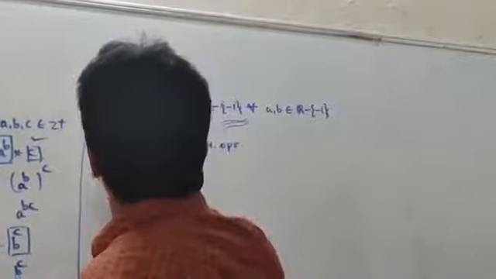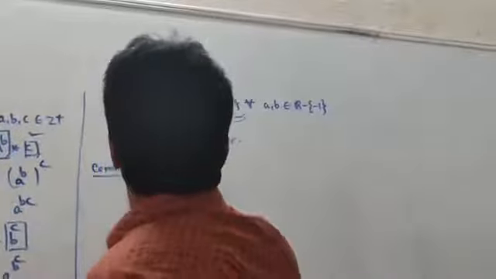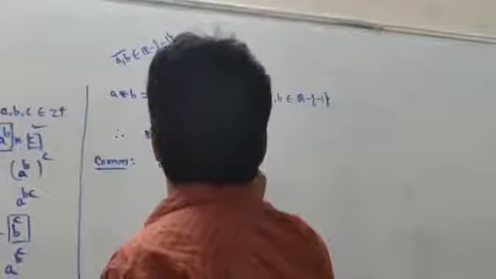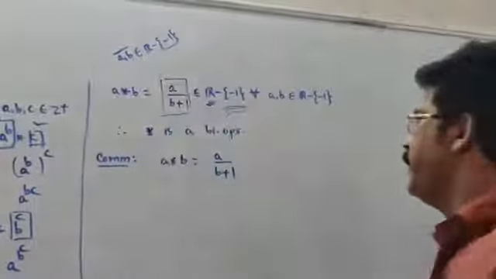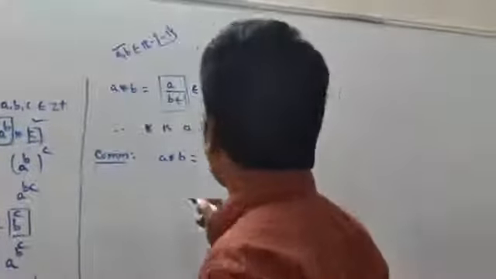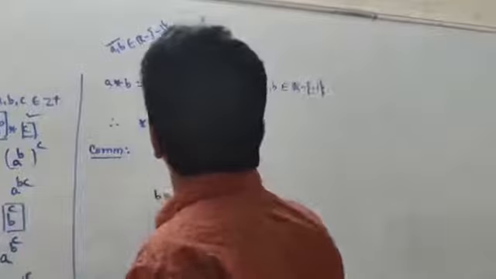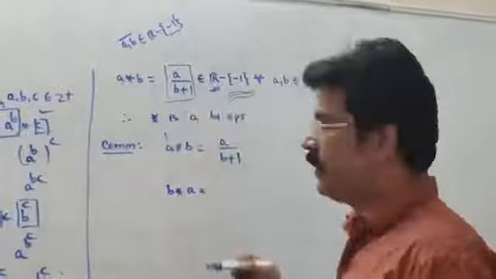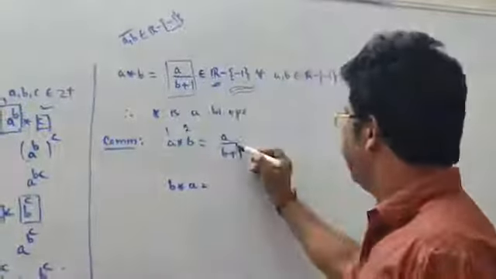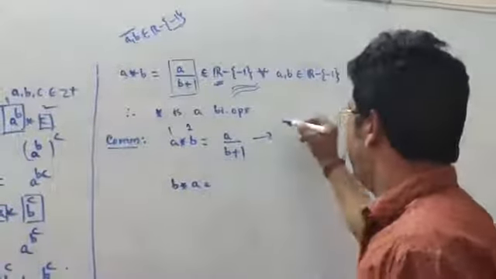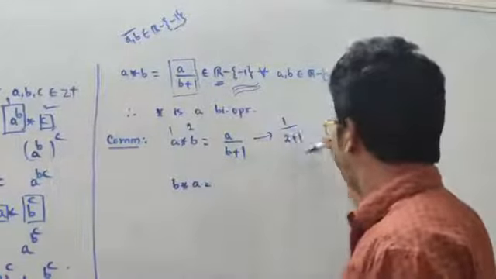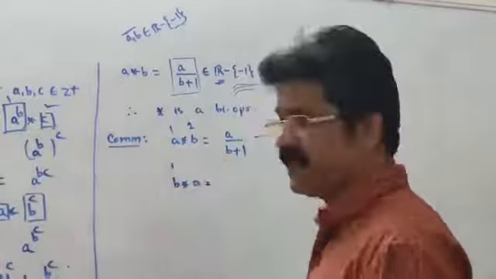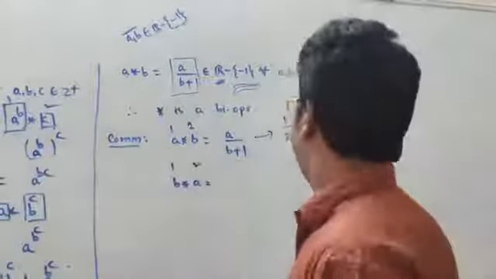Now, commutative law. A star B is equal to A by B plus 1. So, B star A is what? Here, A is first element, B is second element. It is first element by second element plus 1. Similarly, here B is the first element, A is the second element.